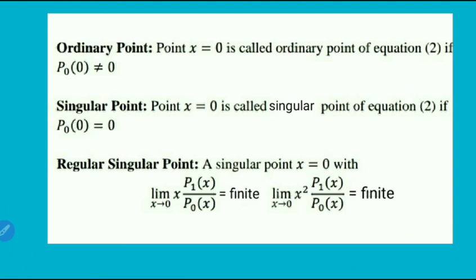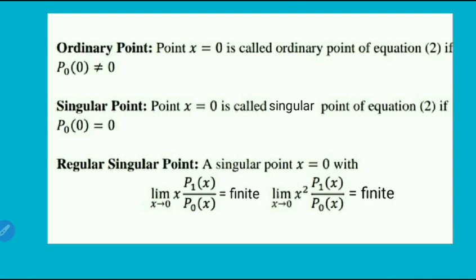A regular singular point x equal to 0 has these two limits finite. Limit x tends to 0 of x into p1 of x upon p0 of x, if you get this limit finite, and limit x tends to 0 of x square into p2 of x divided by p0 of x is finite, then that point will be a regular singular point. These are the definitions of ordinary point, singular point and regular singular point.